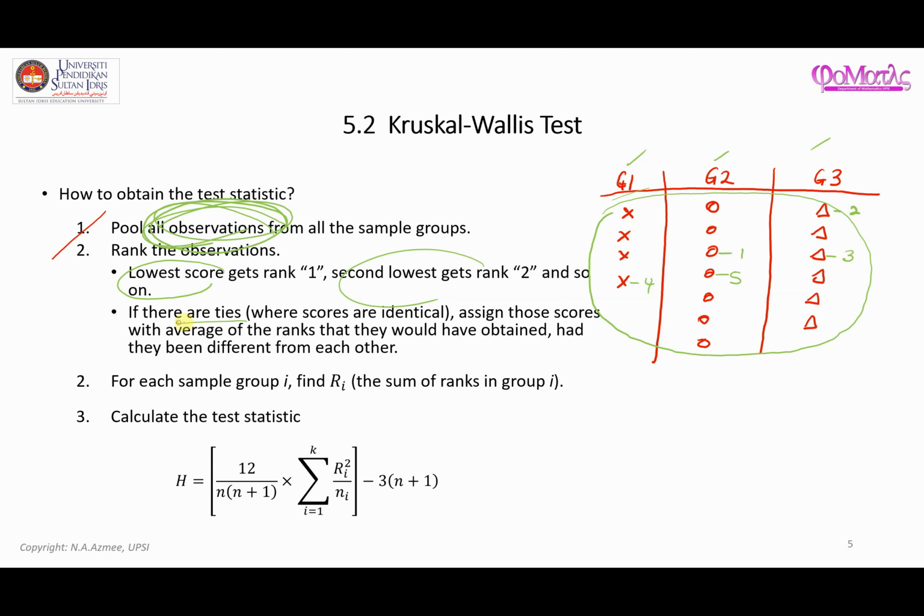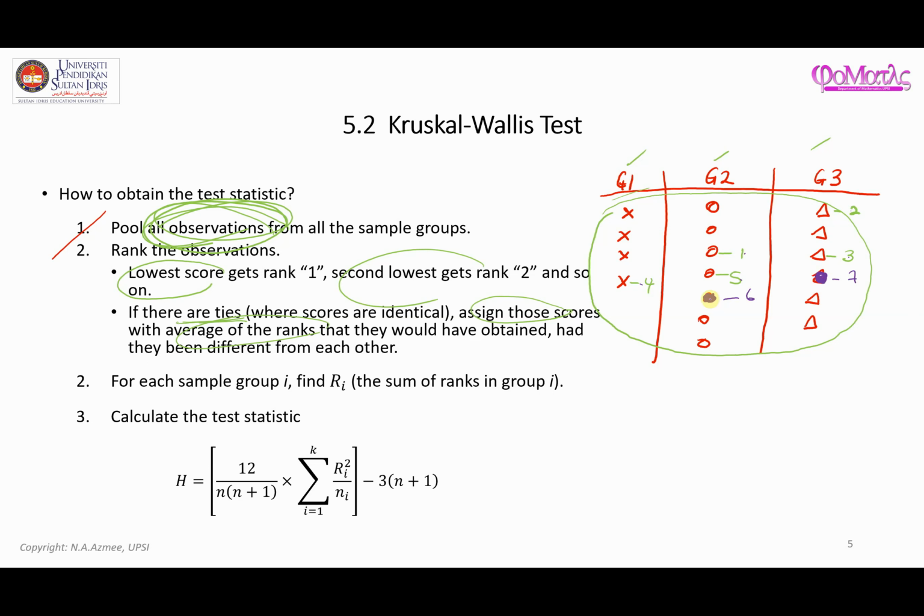When you have ties, when you have similar observations, then you are going to assign those scores the average of the ranks that they would have obtained. Well, let's say that this one here is a similar value to this one. According to the rank, we already have 1, 2, 3, 4, 5. So these are supposed to be 6 and 7.